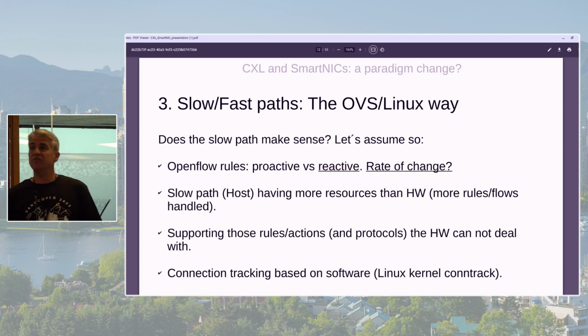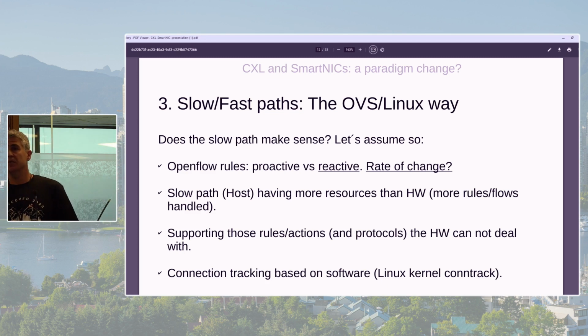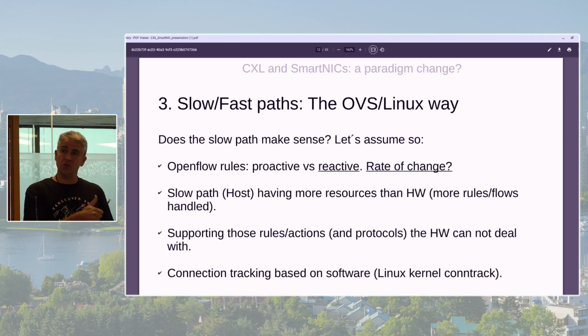Because the idea is to have the SmartNIC doing the packet handling, okay? So I'm going to make here an assumption, and it is the slow path, fast path scenario, where the fast path is in the hardware and the slow path is in the host, makes sense, okay?